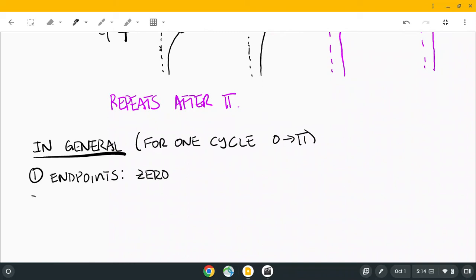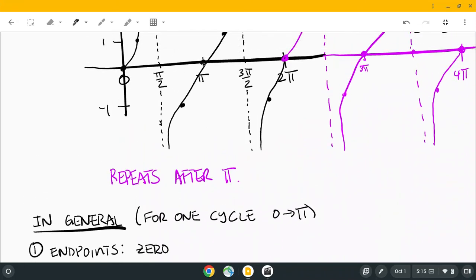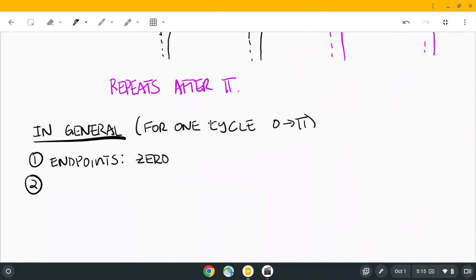And then we see that halfway between the endpoints, we have an asymptote at pi over 2. Halfway between endpoints, we have a vertical asymptote.